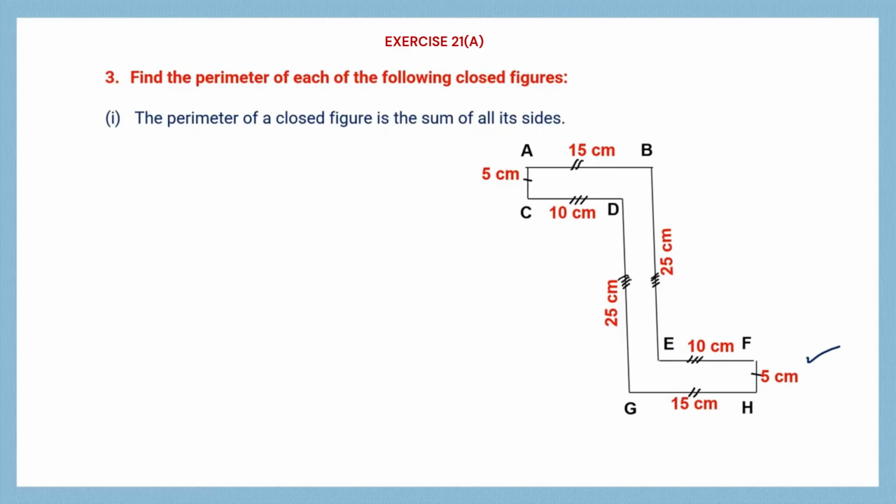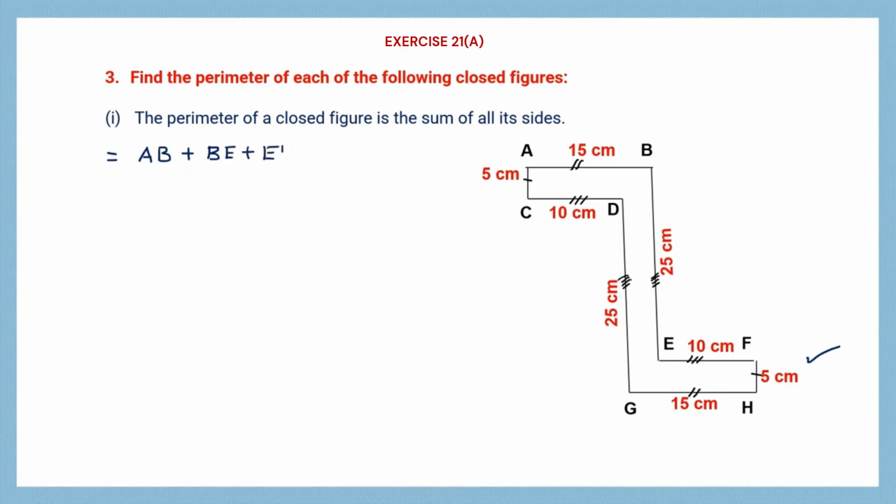So first thing you need to do is find the measurement of all the sides. Now all we have to do is just add up all these sides and you will get your perimeter. So what is the perimeter of a closed figure? It is equal to the sum of all the sides, that is starting with AB. AB, let's take it as the first side, plus, now we have BE. BE plus EF.